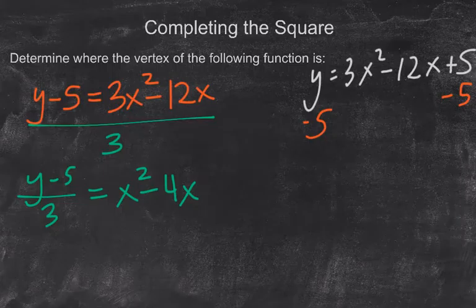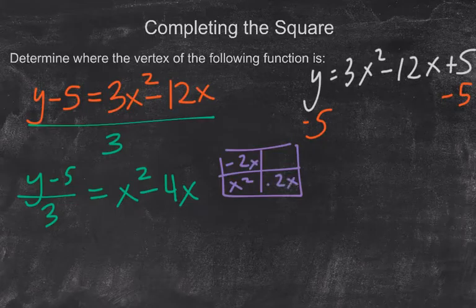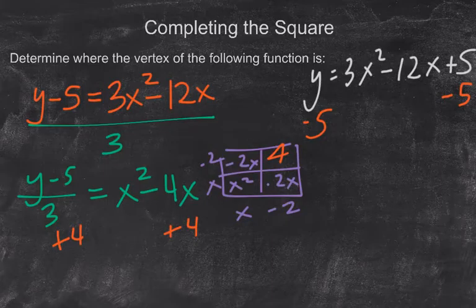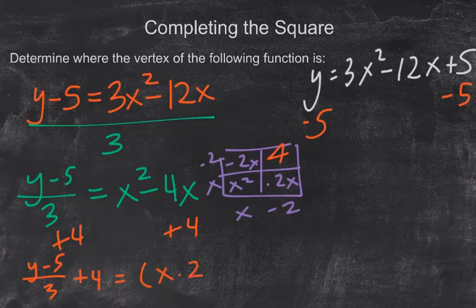And now I'm in a space where I can make my perfect square. And I see that the dimensions are x minus 2 times x minus 2, which gives me a units term of 4. So I could then add 4 to both sides and get 5 less than y divided by 3 plus 4 equals the square x minus 2 squared.